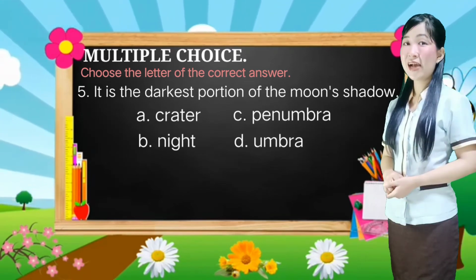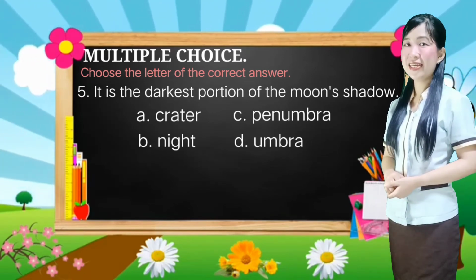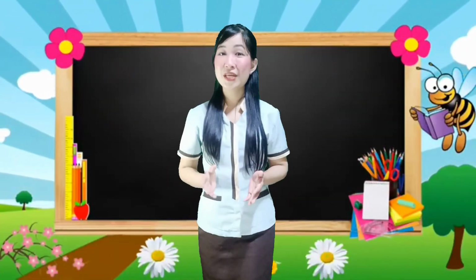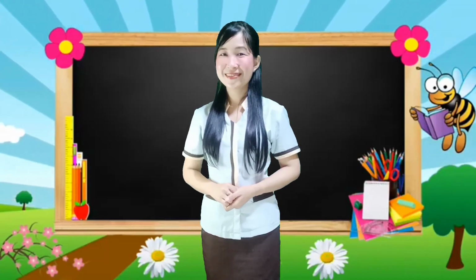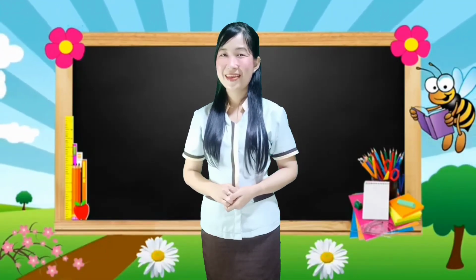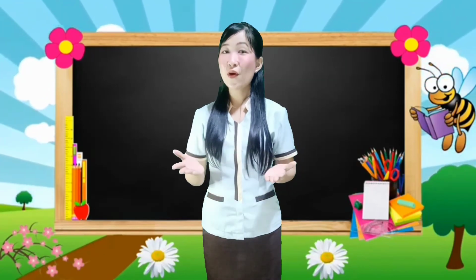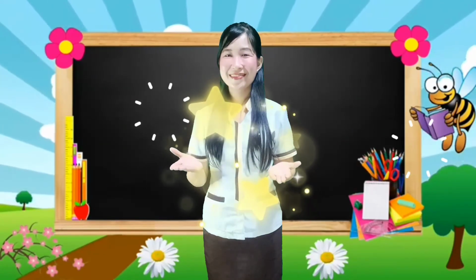The correct answer is letter D, umbra. Did you get the perfect score? Excellent! Here's your star.